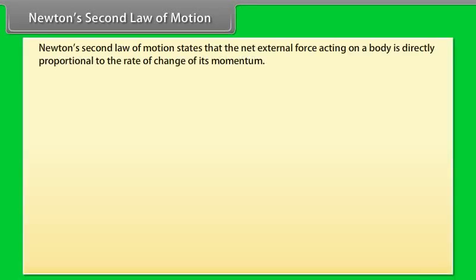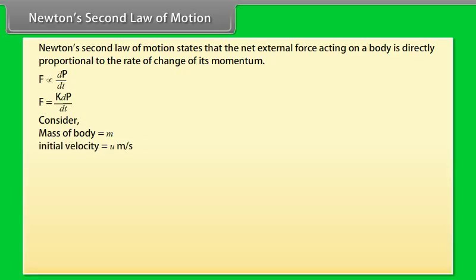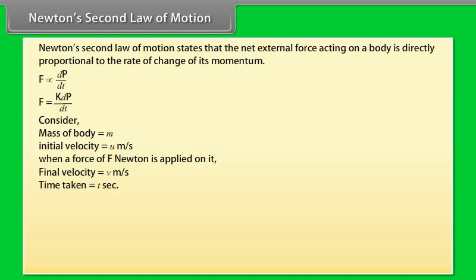Newton's second law of motion states that the net external force acting on a body is directly proportional to the rate of change of its momentum. Its equation is given as follows. Consider a body of mass m initially moving with a velocity of u meter per second. When a force of F Newton is applied on it, its velocity becomes v meter per second after a time of t seconds.